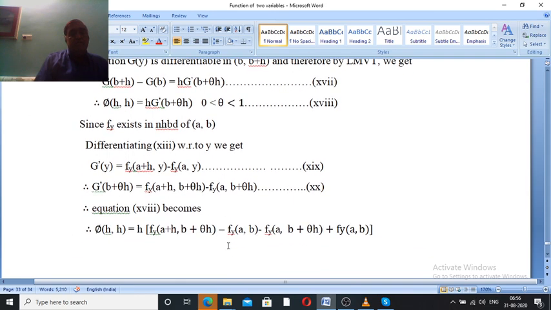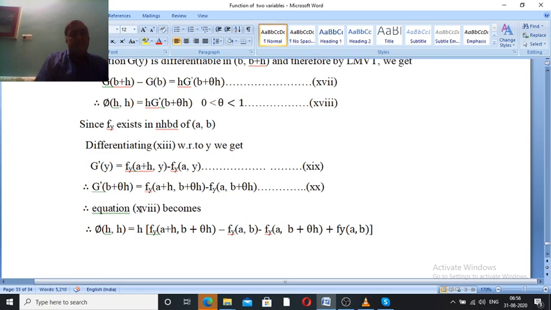Suppose this is equation 19. Therefore, g dash of b plus theta h, putting y equal to b plus theta h, we get fy of (a plus h, b plus theta h) minus fy of (a, b plus theta h). Suppose this is equation 20.